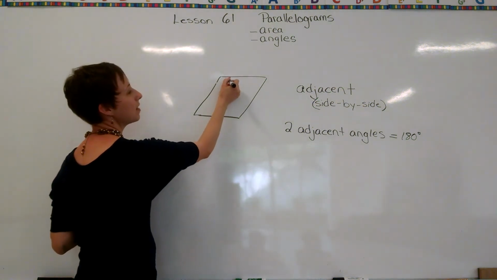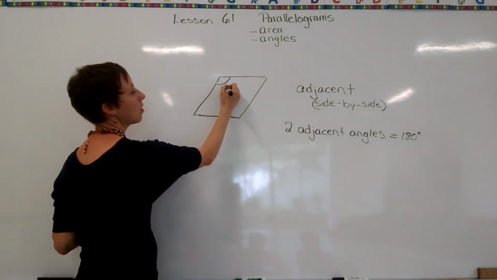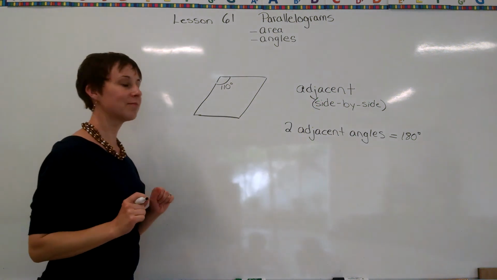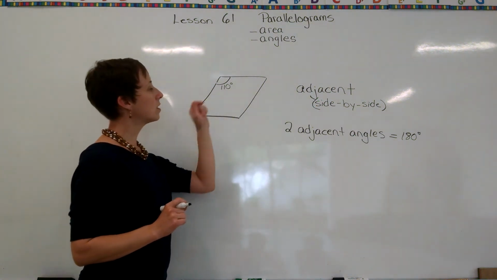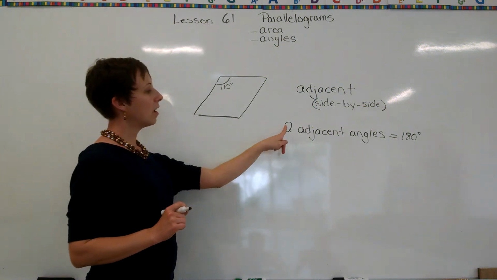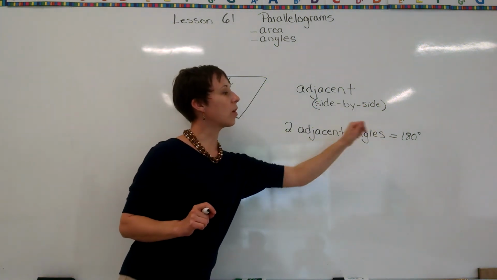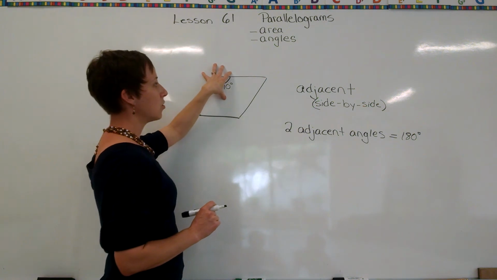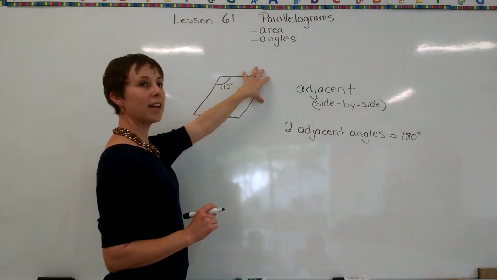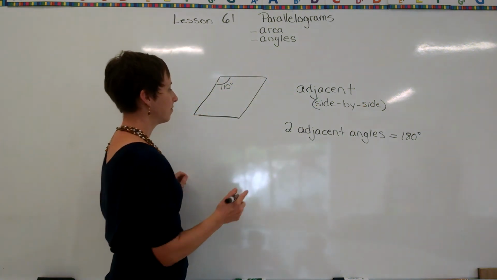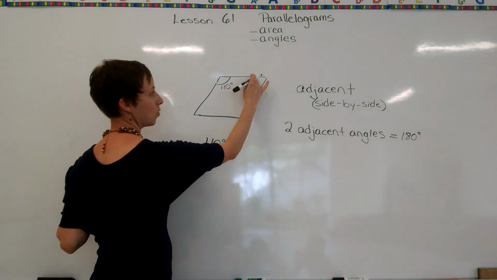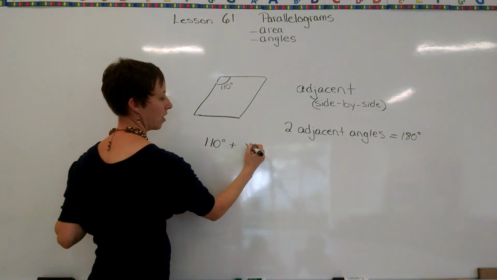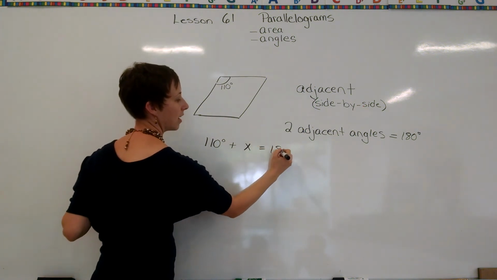Which means if they told me in my problem that this angle is 110 degrees, how would I find my other angles? Well, if this one's 110, and two adjacent angles equal 180, then 110 plus whatever this angle is, we'll call it x, equals 180.